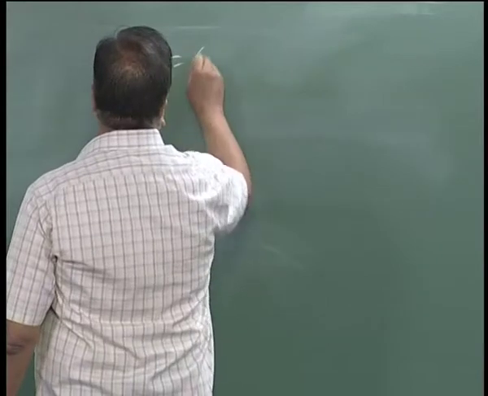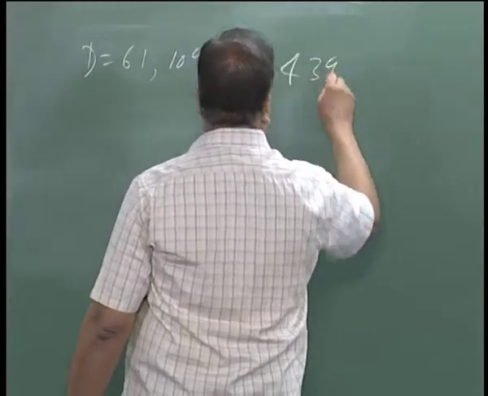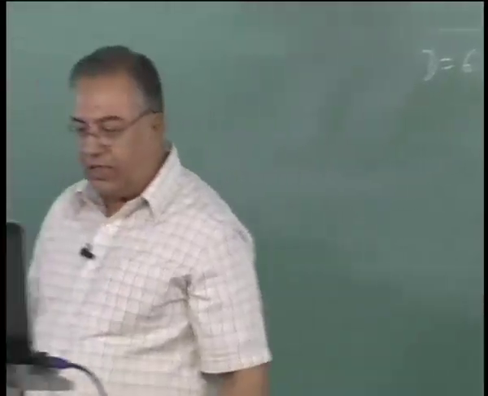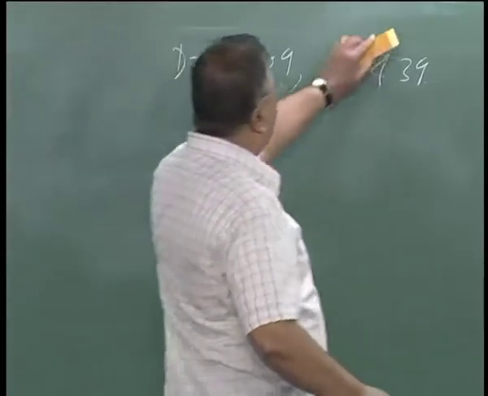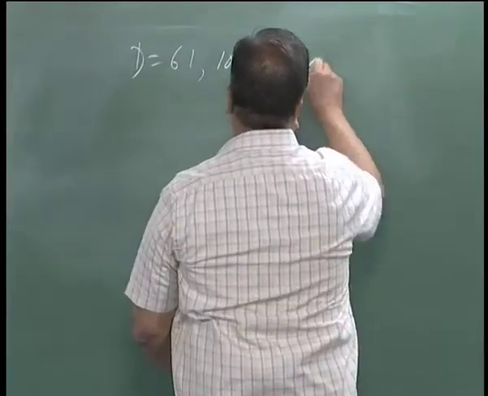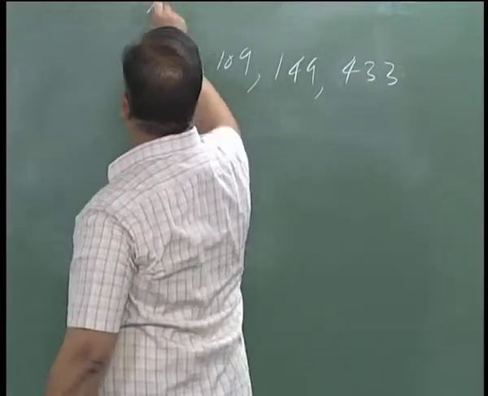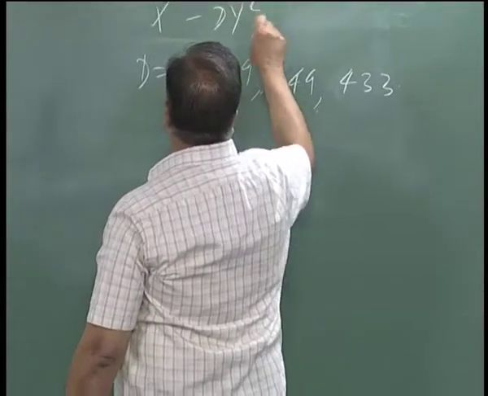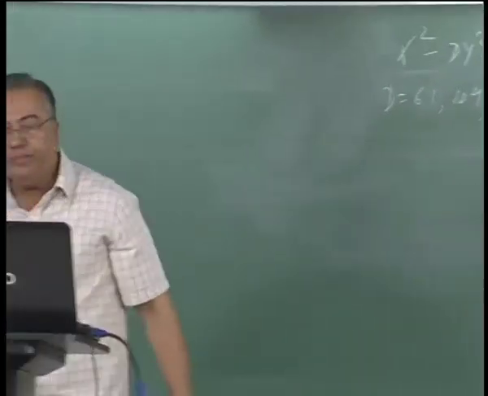D is equal to 61, 109, 149 and 433. If you do that, this already gives you solutions which go to trillions, the order of magnitude of x.